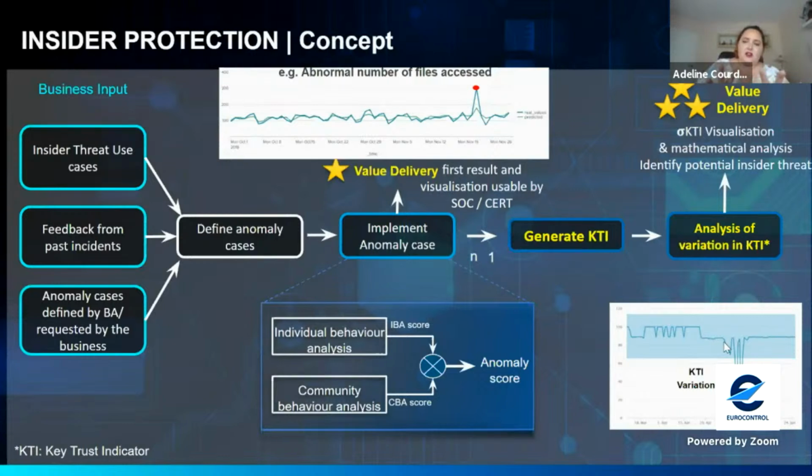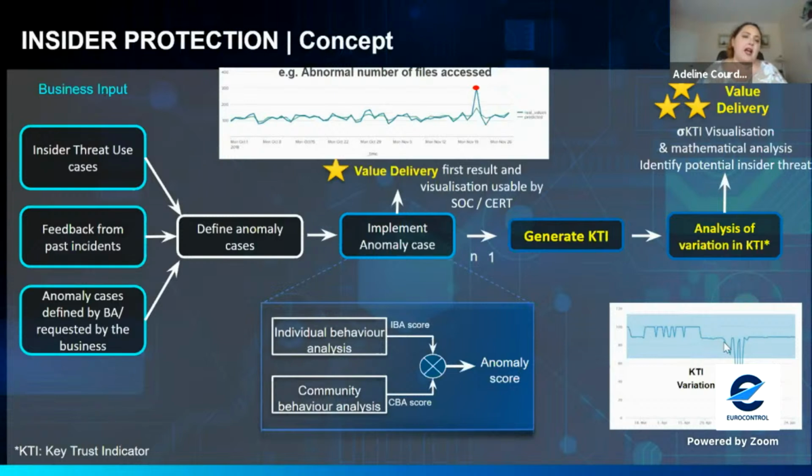It is centered around the usage of behavioral analysis. First of all, we have an insider threat strategy, which is at the origin of our concept. Within this strategy, we have several what we call anomaly cases. That's really the pattern of what could be something abnormal in terms of cybersecurity.